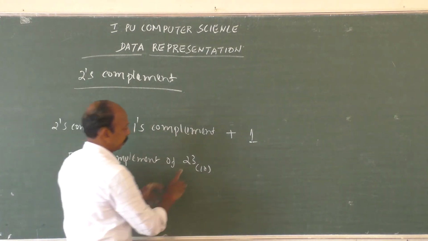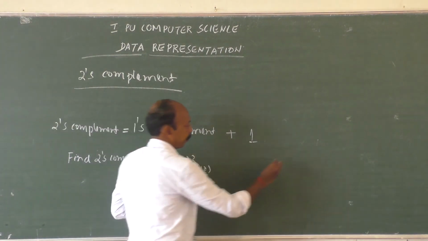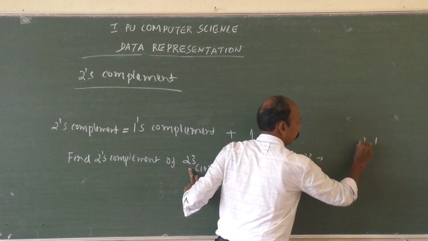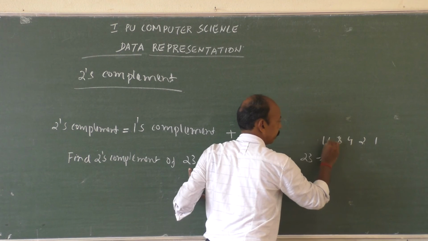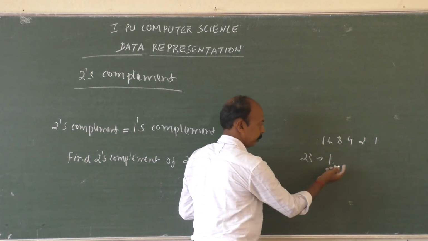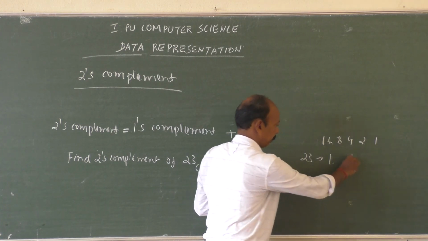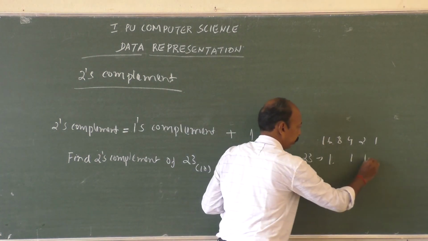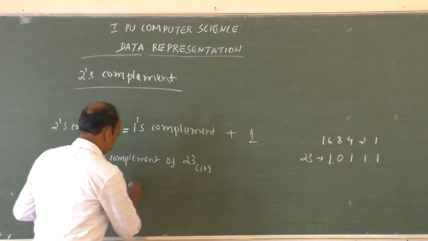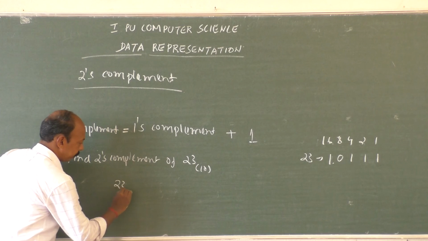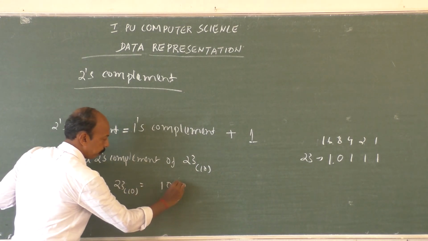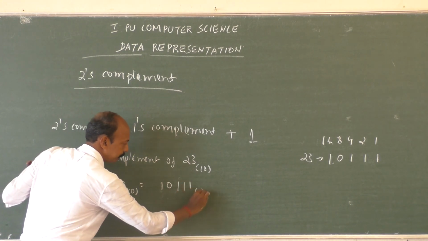First write this number in binary. So 23 is how much? 1, 2, 4, 8, 16. 16 plus 8 will be 24, no, it's not possible. This will be 20, 22, 23. So 23 to the base 10 is equal to 1, 0, 1, 1, 1 to the base 2.